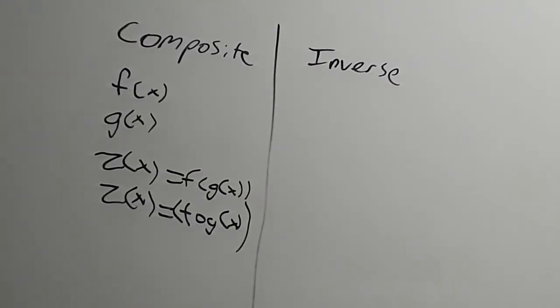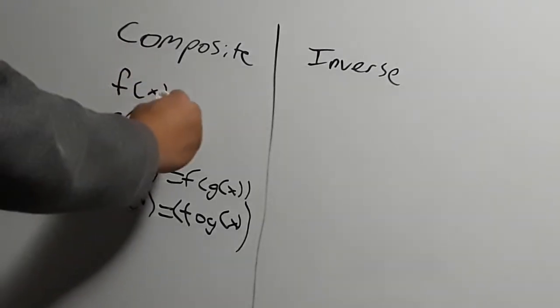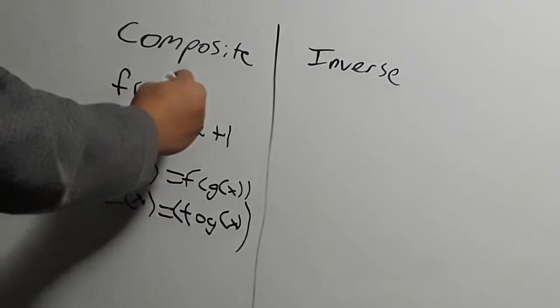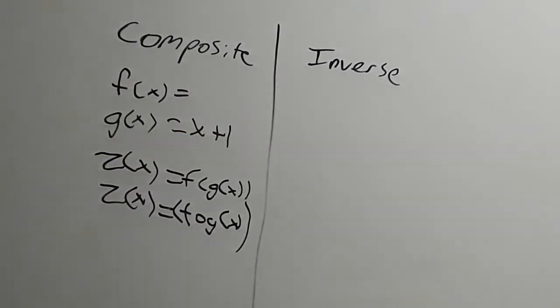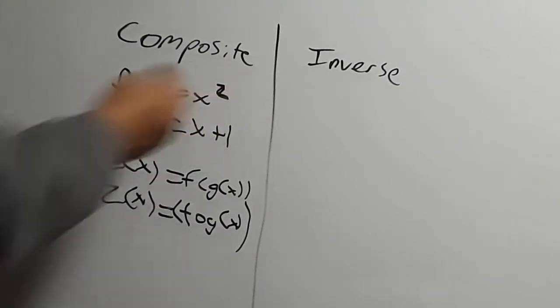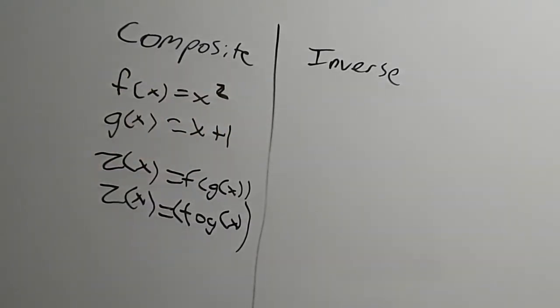Alright, so I'm going to define g of x now. I'm going to say that g of x equals x plus 1, and over here f of x equals x squared. Now suppose that we do the same format here. How do we do it?